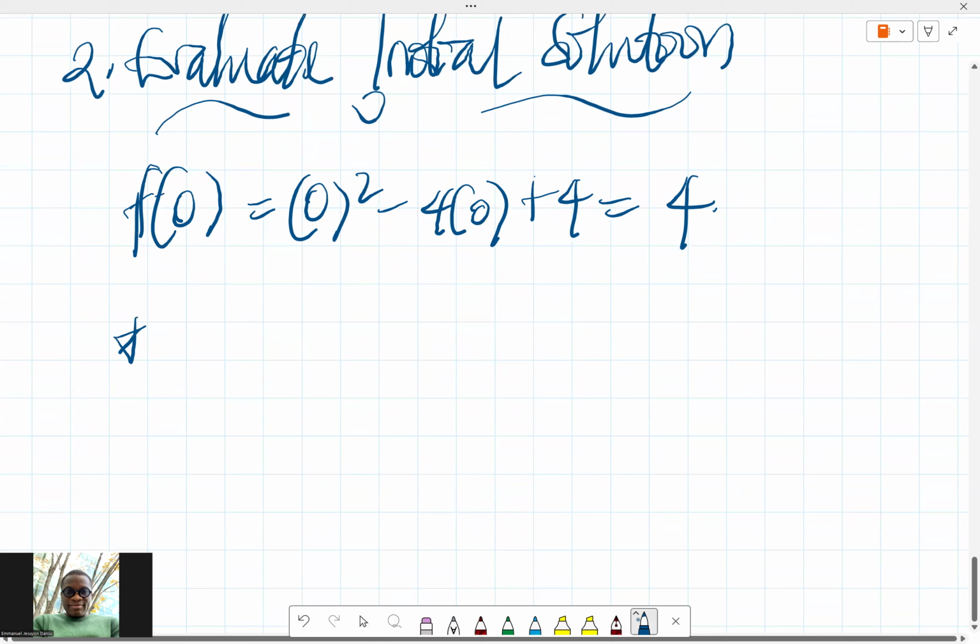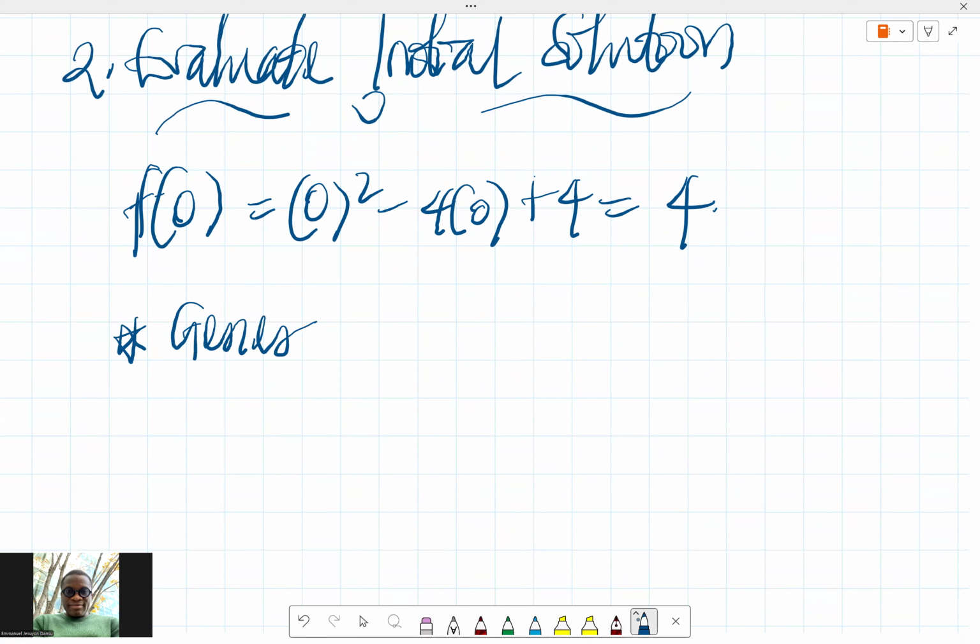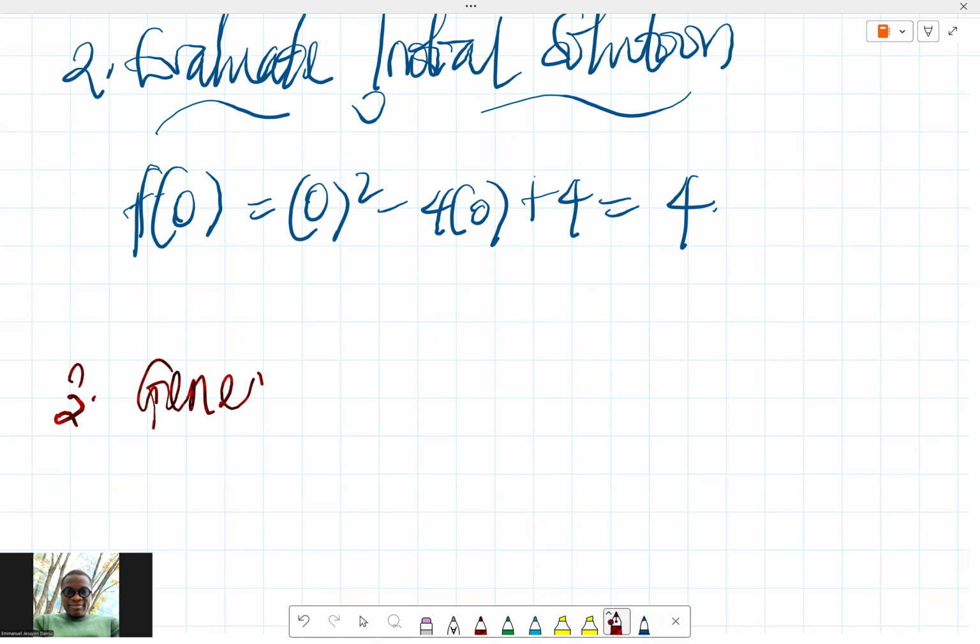Next we want to generate, I mean that could as easily pass for step 3, so let me just take it as step 3: generate neighboring solutions.